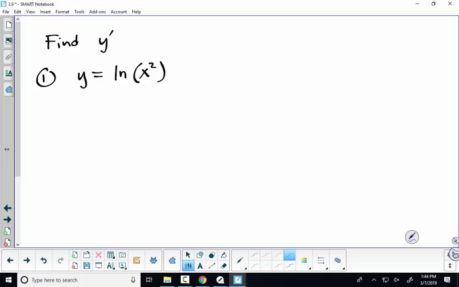So the derivative for the natural log of any function, as we just wrote down, is 1 over the argument of the logarithm times the derivative of the argument.